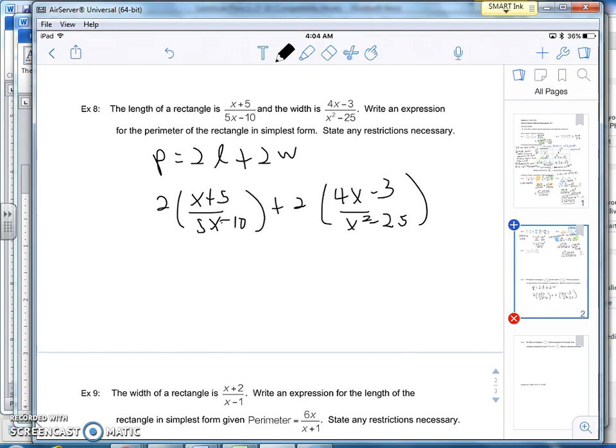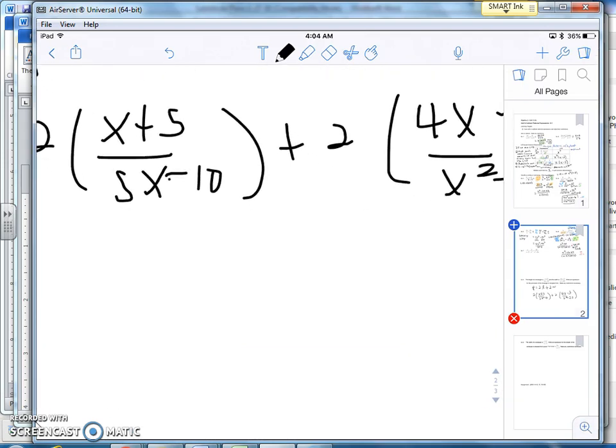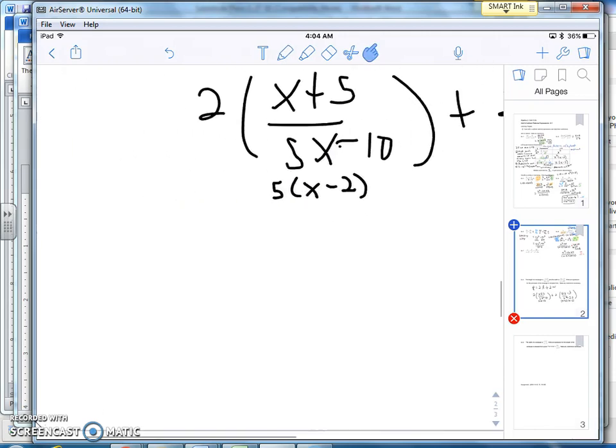Both of these expressions factor. Both of the denominators, sorry. This denominator is 5 times the quantity x minus 2. The other side is x plus 5 and x minus 5. So we can go ahead and look at our LCD.